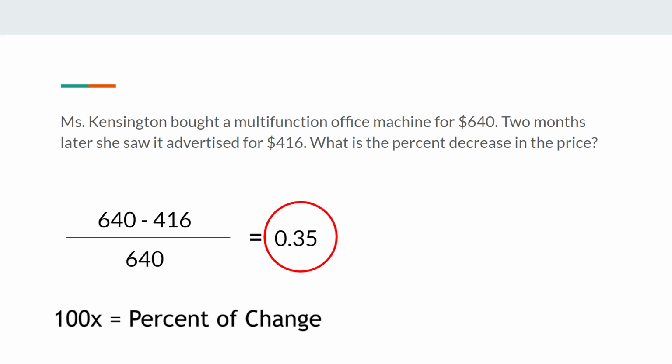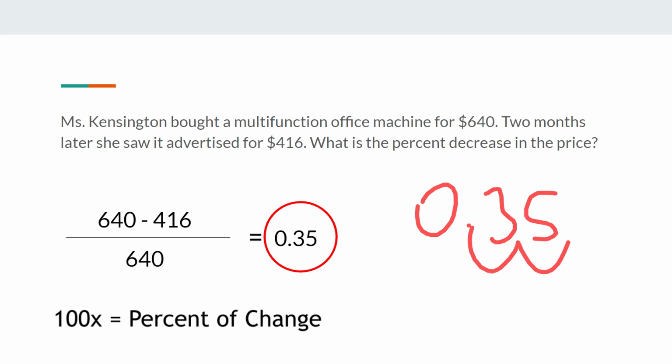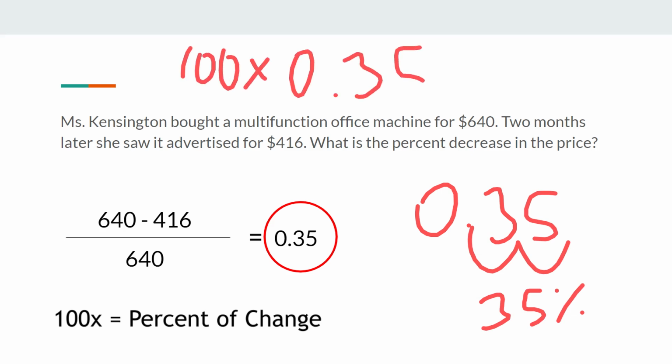So this is the point, right? I just figured it out. This is the point where, okay, I got to do the booty bump because I have 0.35. In order to turn a decimal into percent, I go 1, 2, and then that means that it's really 35%. Or you can put this in your calculator. You can do 100 times 0.35, and then you will also end up with 35, which would mean 35%.